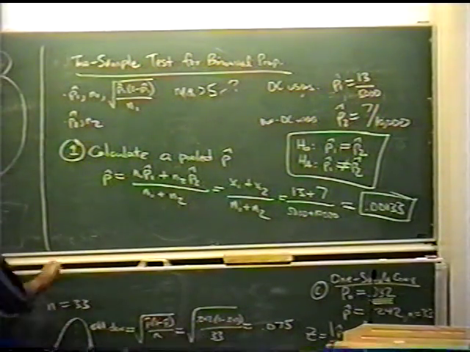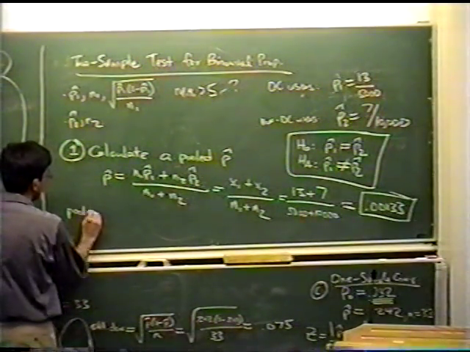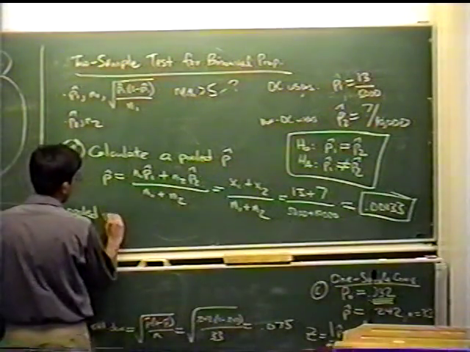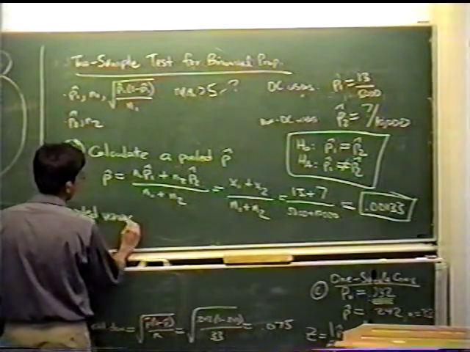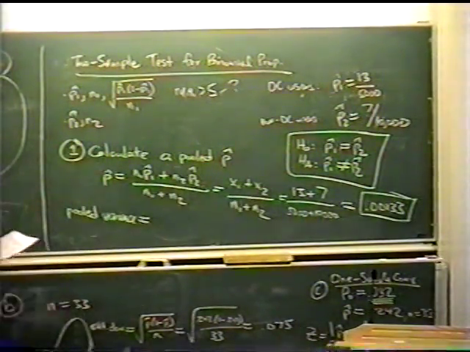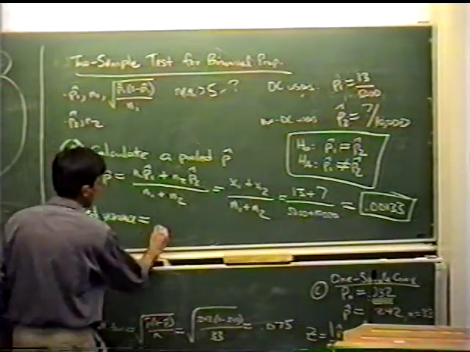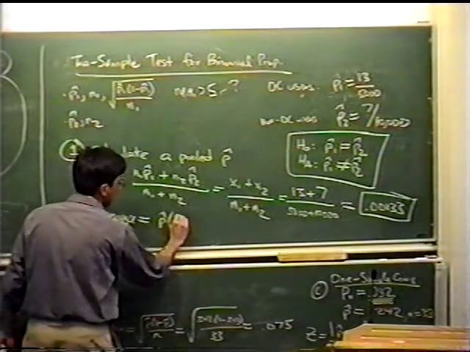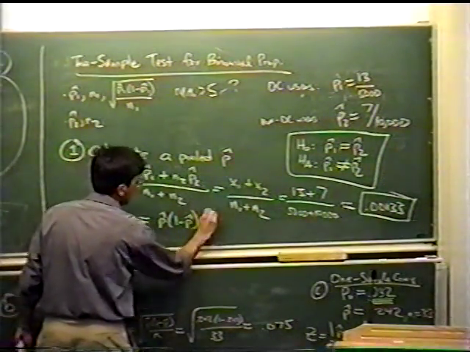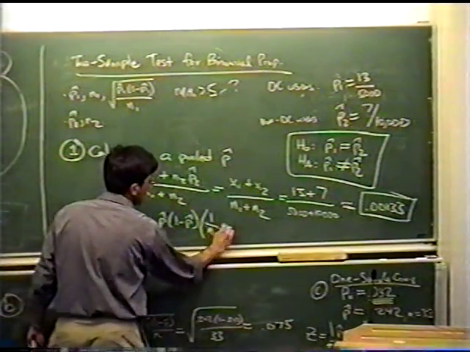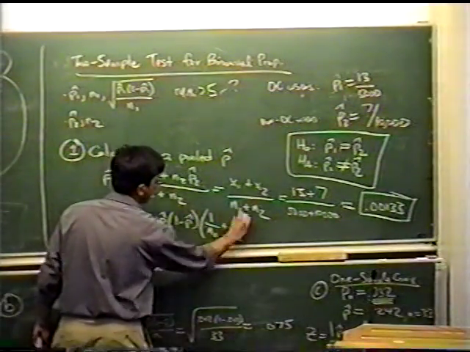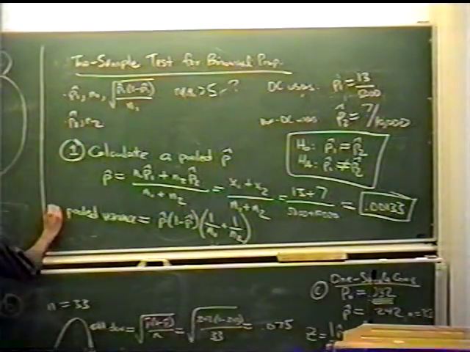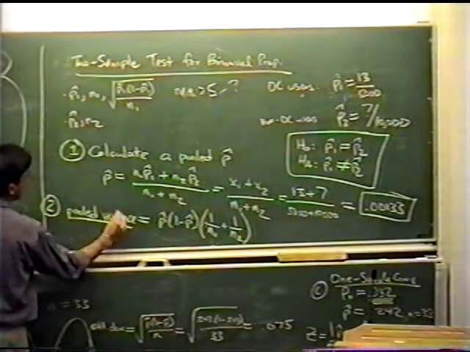We then calculate our pooled variance. Which is just p hat times 1 minus p hat times 1 over n1 plus 1 over n2. So that's the second step. Calculate the pooled variance.